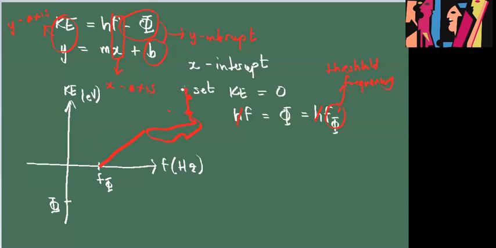Okay, according to my y equals mx plus b, I should have a line that is straight. Something like that. Now, for energies below my work function, I don't get a KE.